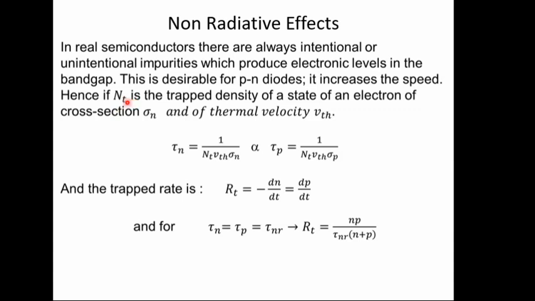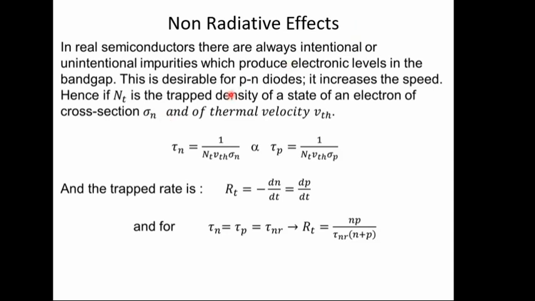So we can say that we have created a trap density in the energy gap with a cross section, call it sigma n, and a thermal velocity V thermal. That we call intentional.